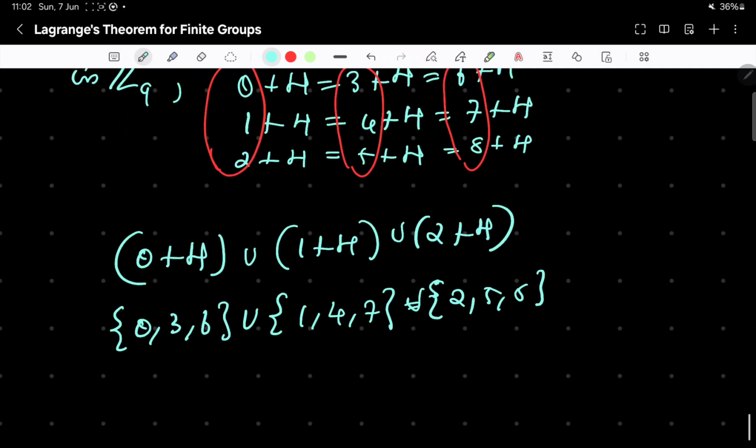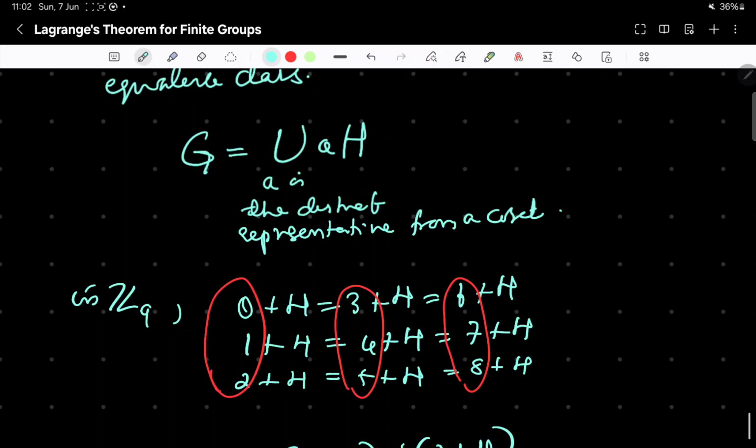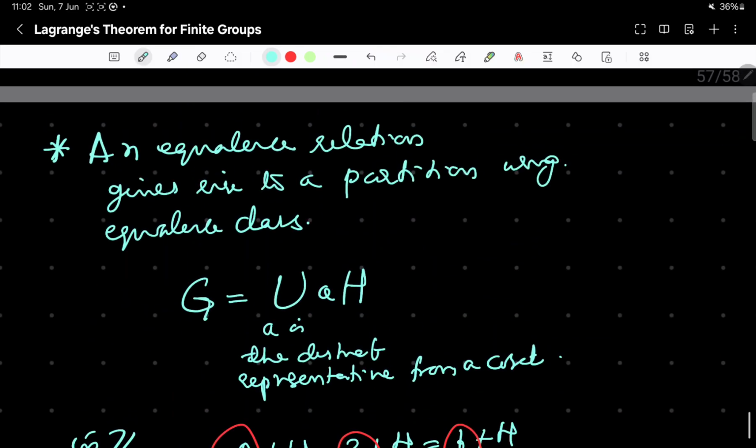So they are all mutually disjoint, and their union is exactly Z9. So equivalence classes give rise to that.